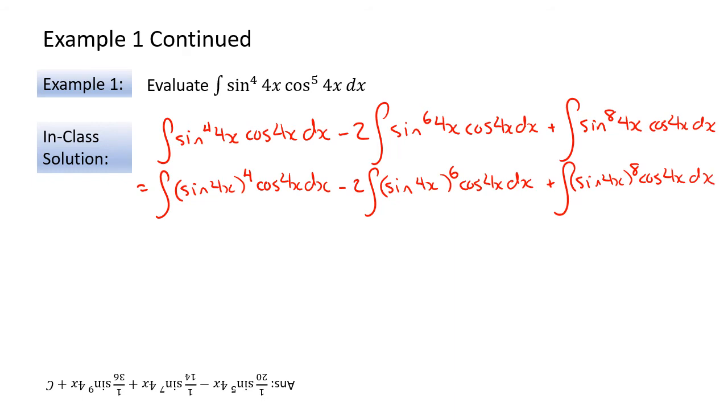Okay? All of them have the same sine of 4x term, all raised to different exponents. But we can still use the method of substitution for it.